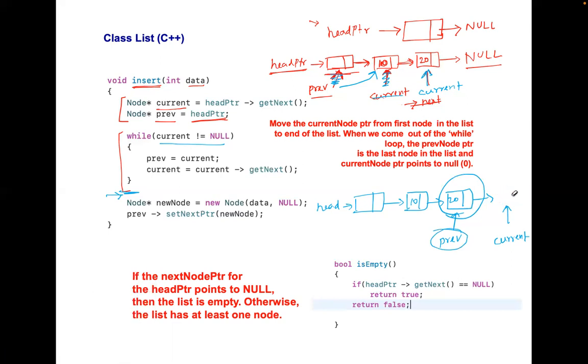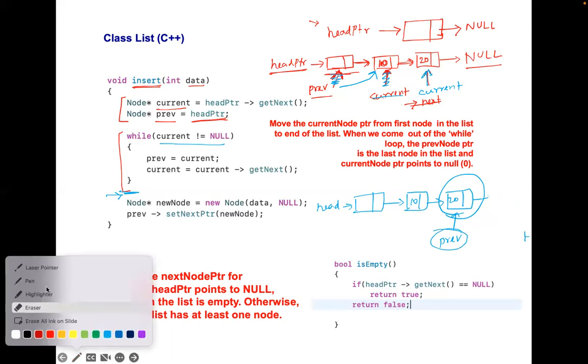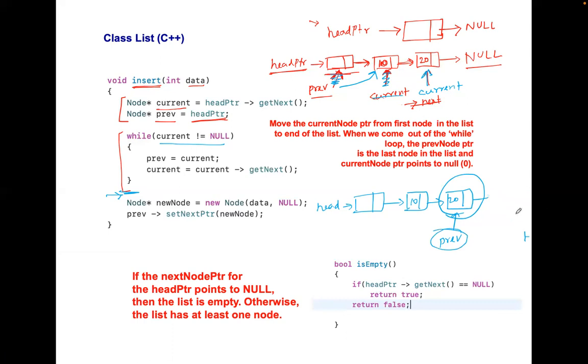Let's erase this one. What will this insertion look like if I have a new node? Let's use a different color. I had null here, and this node was pointing to null.